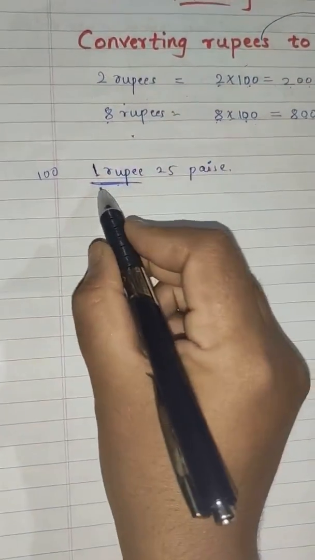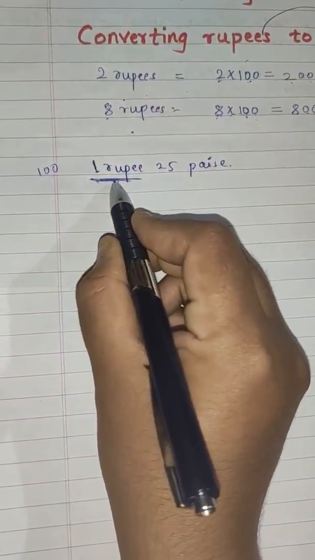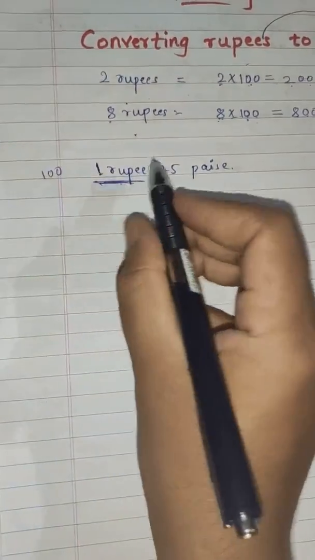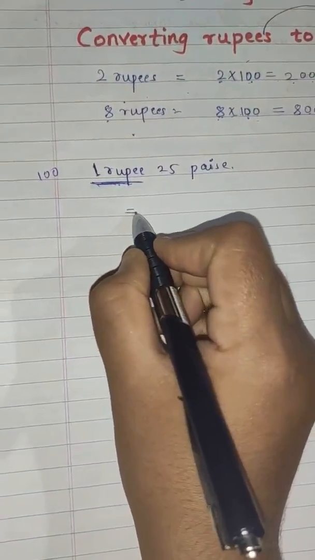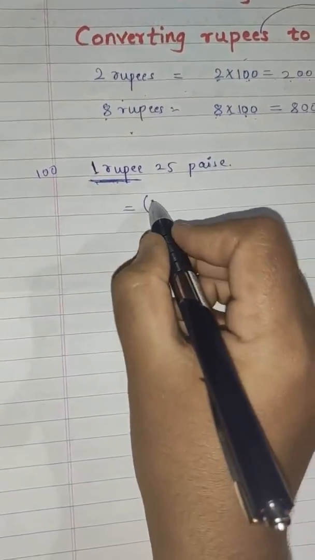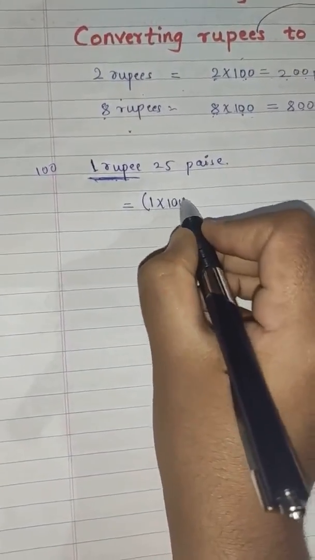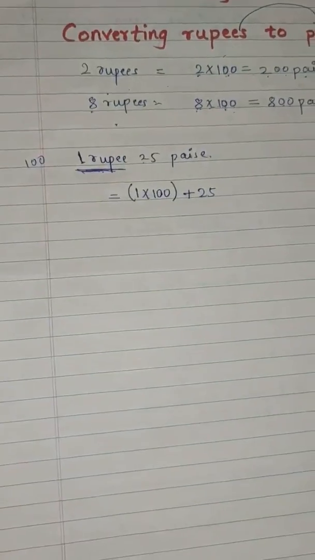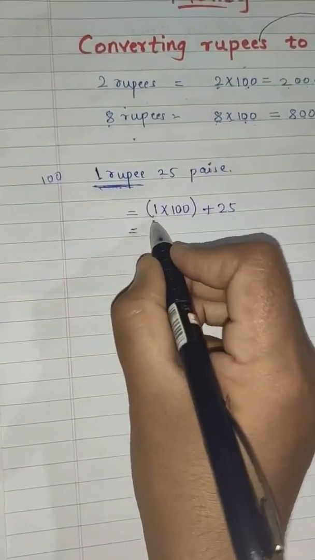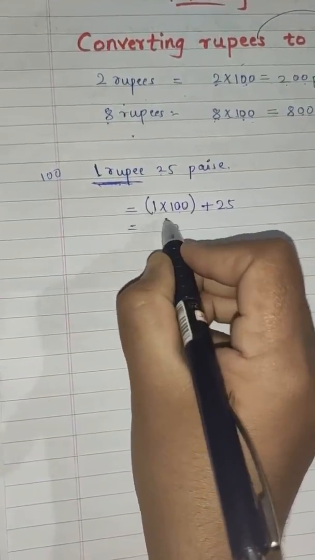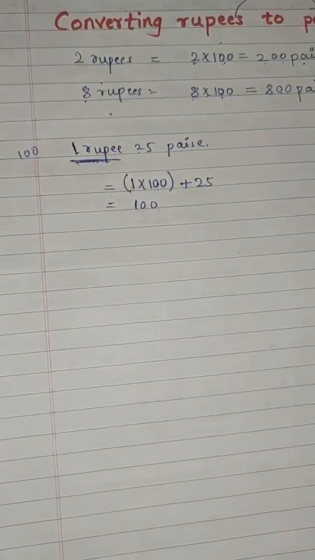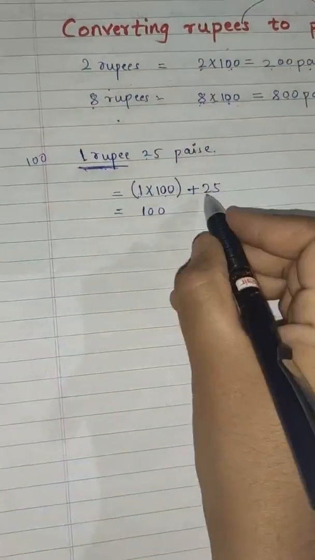So first we are going to convert this rupee into paise. You know how to convert it. You have to multiply by 100. Very good. So we'll put the bracket, 1 into 100. Okay, now close the bracket, plus 25 paise as it is I am going to write. So let us multiply it. 100, 1 ones are 1. You know how to do multiplication. Already you have done it, isn't it? Next, it is paise.